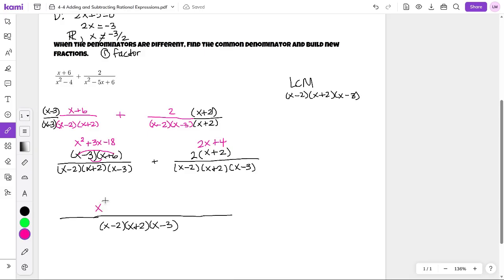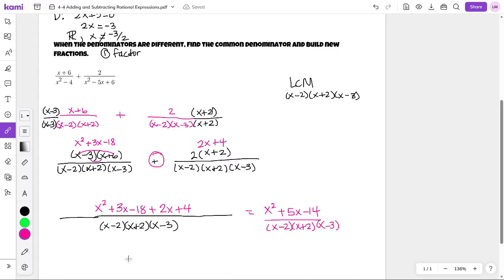All right, so I have x squared plus 3x minus 18 plus, if this had been subtraction, I would have put the negative over here on the 2 and changed this to addition. Plus 2x plus 4, and then combine like terms. So I have x squared plus 5x minus 14 over x minus 2, x plus 2, x minus 3.